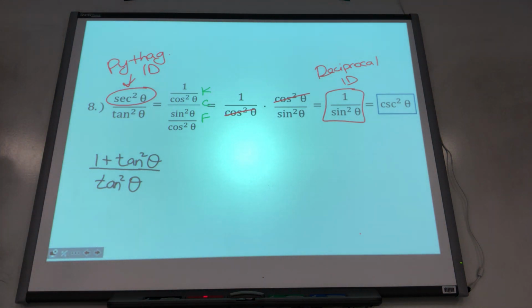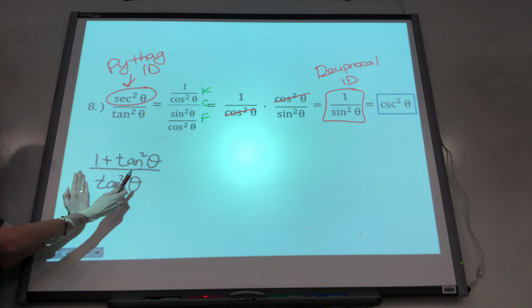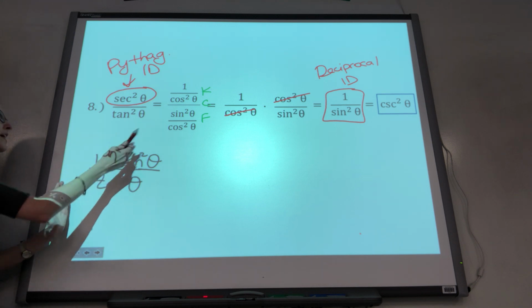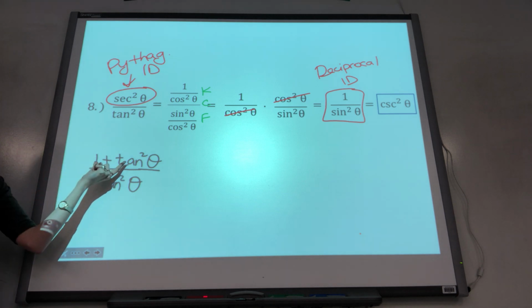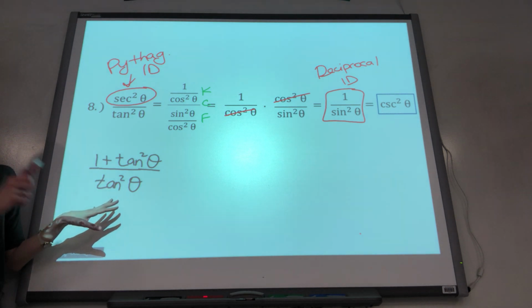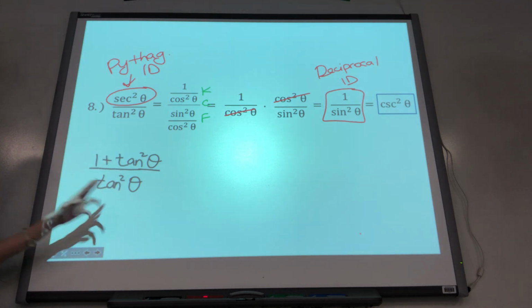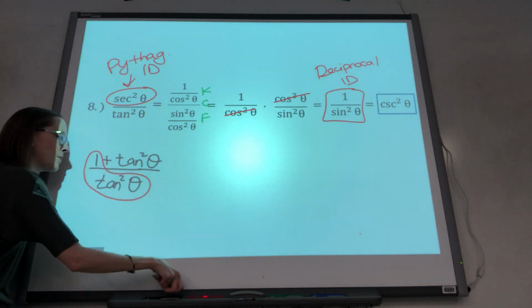Now, this is a little rule about fractions. If you have a single term on bottom, you can split your fraction up. You can't split it up if there's 2 terms on bottom, but only if there's 1. That's why I chose to keep the bottom the way it was. So here's what I could do.